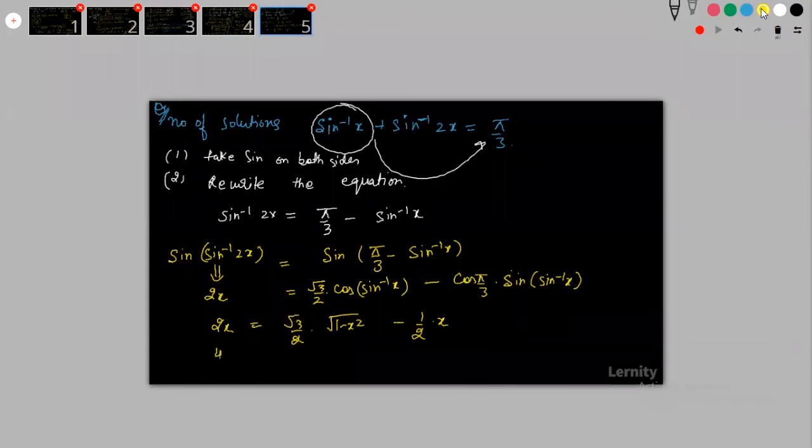So 4x is equal to root 3 root of 1 minus x square minus x. If I take x to the other side, this will become 5x is equal to root 3 and root of 1 minus x square, right?